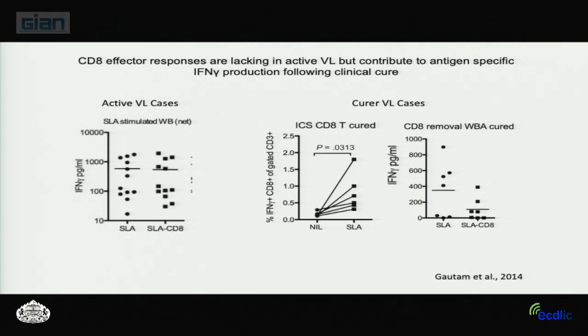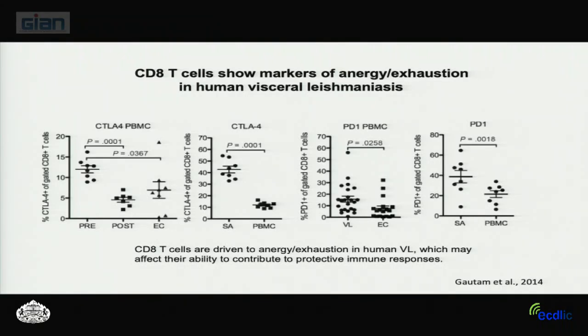The percent of CD8 cells making gamma in response to Leishmania antigen goes up, and if you remove CD8s, the amount of gamma from all of the peripheral blood cells goes down. So CD8 cells can make gamma, but they're not doing it during active disease. The group at BHU had a nice study showing that the CD8 cells show markers of anergy and exhaustion in human VL.